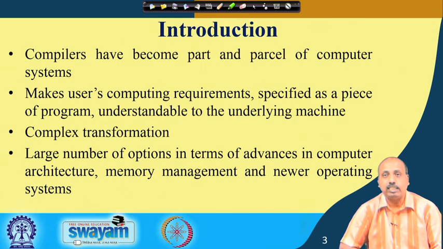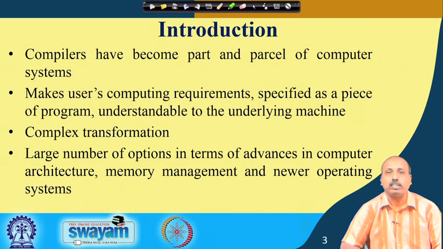And with the increase in the complexity of computer architecture and operating systems, the challenge that compiler designers face is also increasing. For example, if you look into any advanced computer architecture today, it has many interesting features. One typical example is CISC versus RISC architectures.